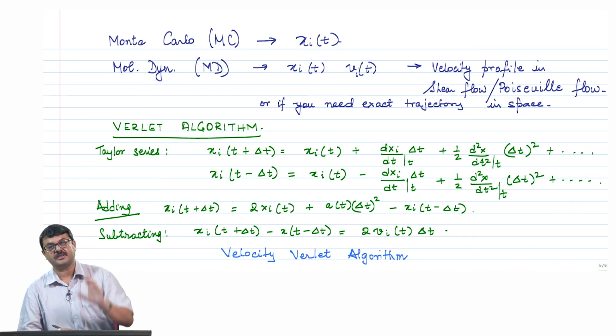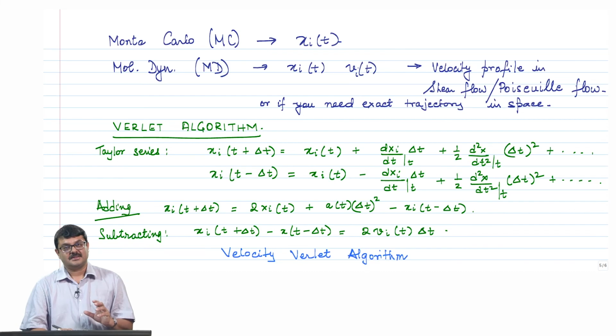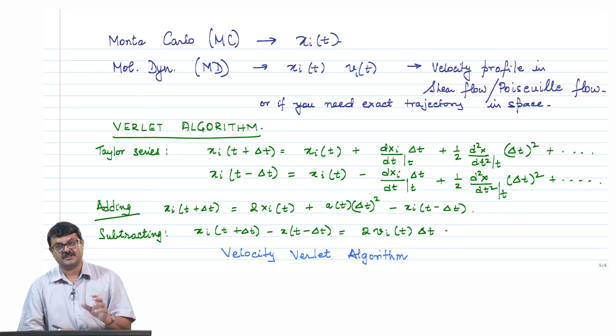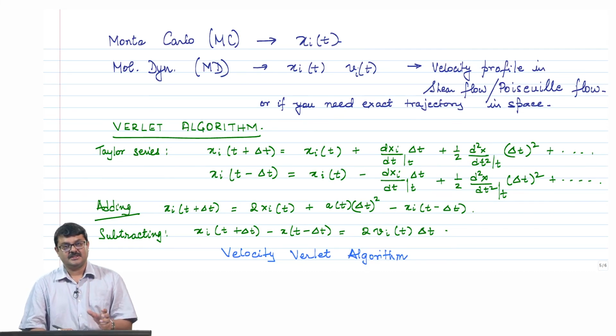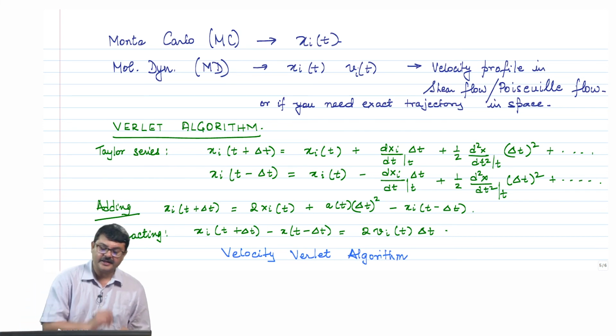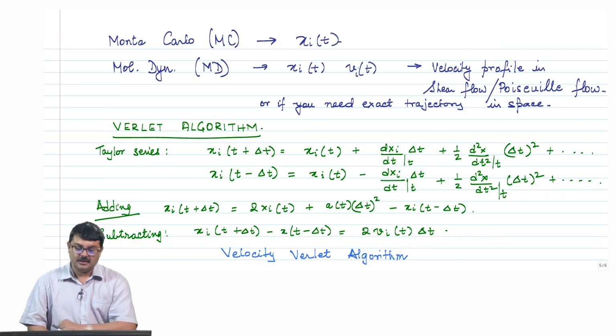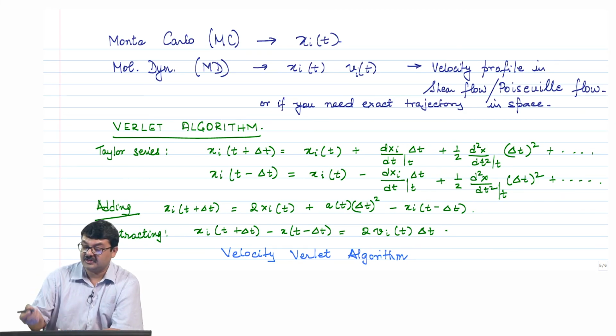Suppose you have access to the position and velocity of all the particles. You have initialized the velocity and position of all the particles at time t. Then, if you have the position, you have also calculated the force. From force you get the acceleration.